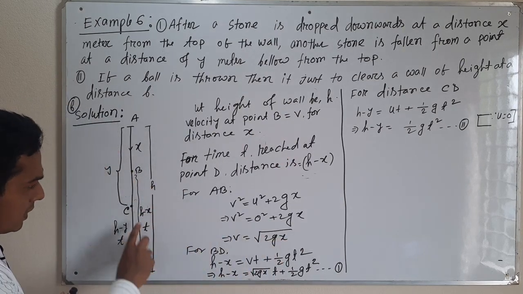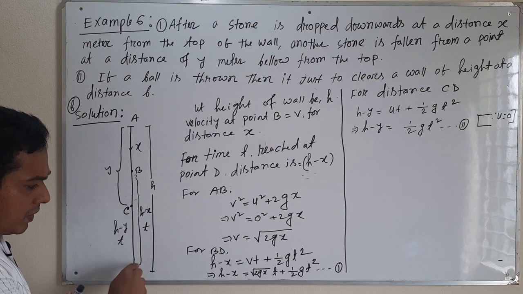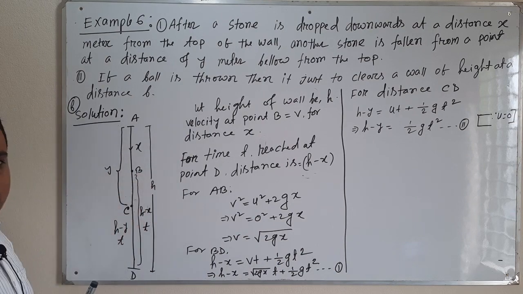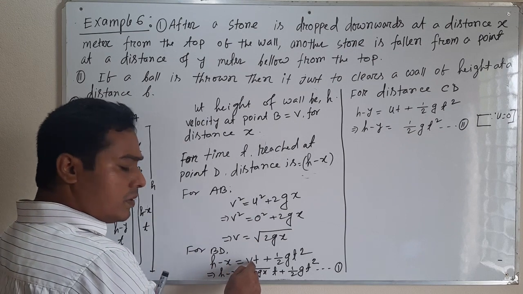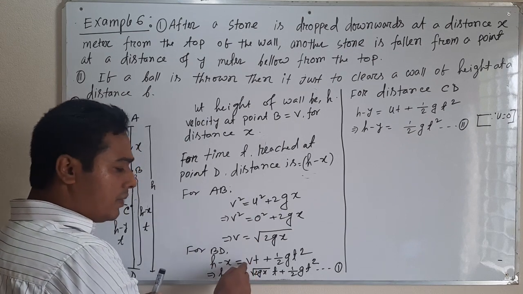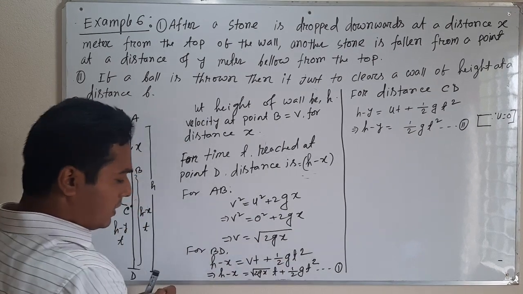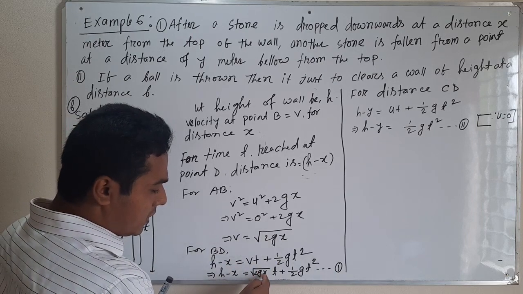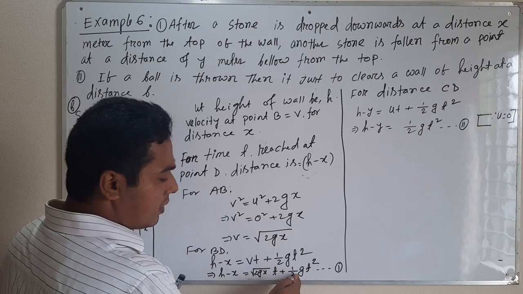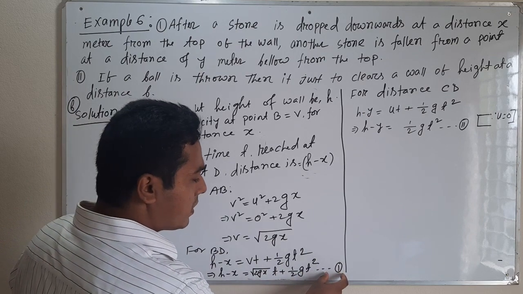And for BD initial velocity is v, so h minus x is equal to ut, u is replaced by v, vt plus half of gt square, so h minus x is equal to root over 2gx t plus half of gt square. This is equation 1.